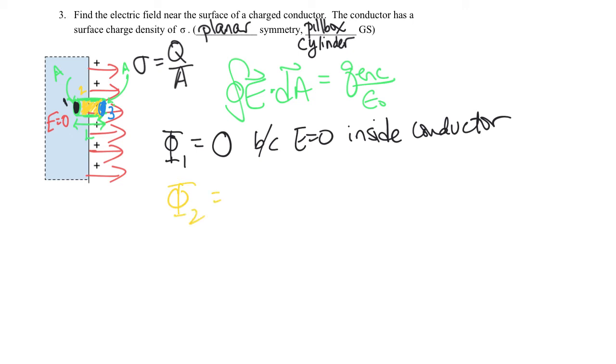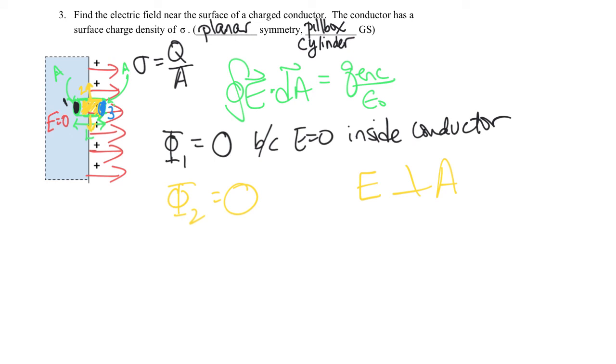The part that's inside the conductor has E equals 0, so that's nothing. But where it's outside, your area vectors on these sides are perpendicular to your electric field, so it's just grazing it, and that's also going to be 0.